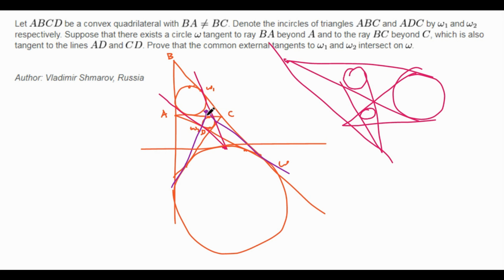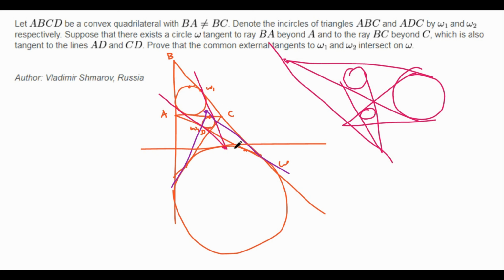Now, we also have this purple tangent right here, and we can have a homothety centered at this purple point that sends omega 2 to omega as well. So, in particular, it sends the top point of omega to the top point of omega 2, and the special part about the top point of omega 2 is that it is, in fact, the tangency point of omega 2 in AC, because we drew AC to be horizontal.